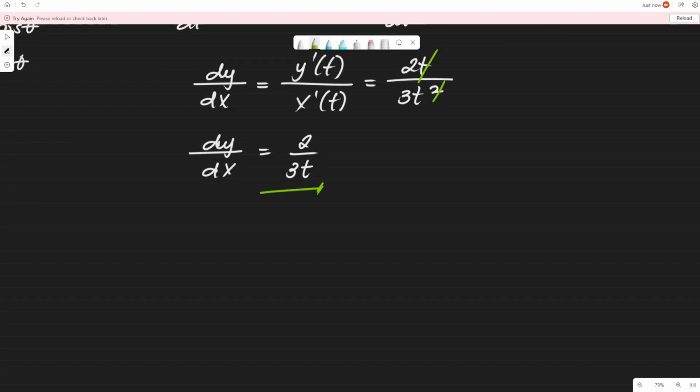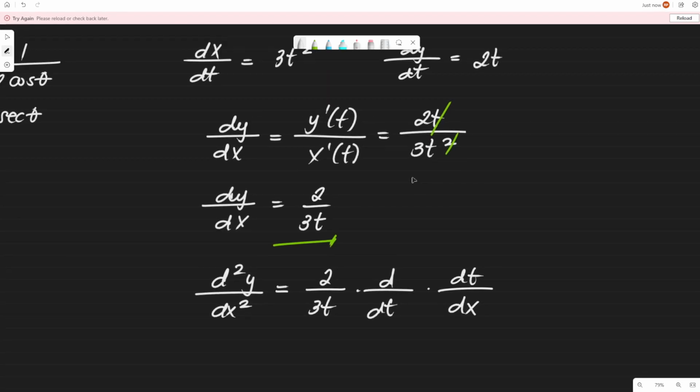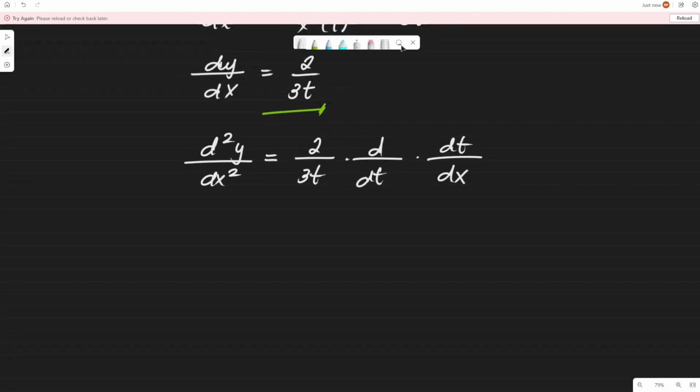How about d squared y over dx squared? Just take the derivative of this, d over dt, then multiply by dt over dx. What is our dx over dt? That is 3t squared, so that is 1 over 3t squared. So we'll have 2 over 3 times negative 1 t raised to negative 2, times 1 over 3t squared.